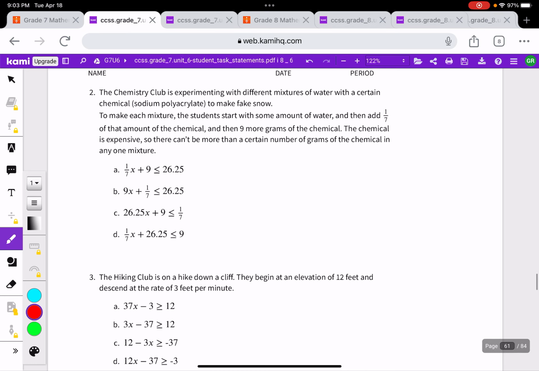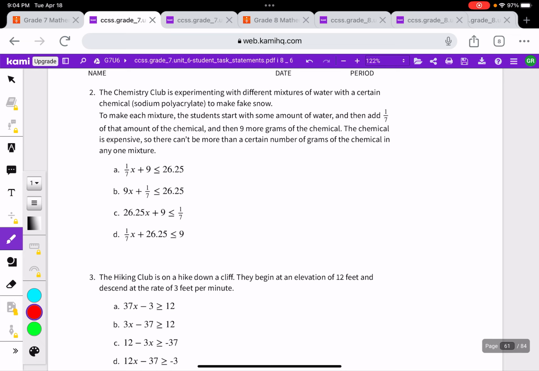Number 2, the chemistry club is experimenting with different mixtures of water with a certain chemical, sodium polyacrylate. I think I said that right. To make fake snow. I wonder if that's how they do that on certain ski mountains.